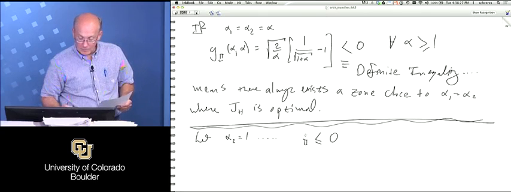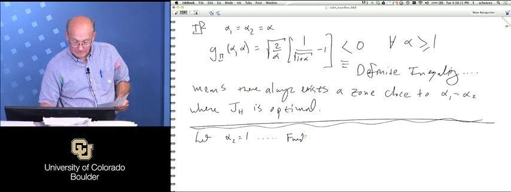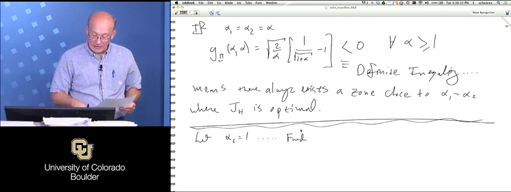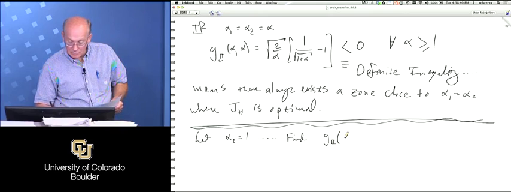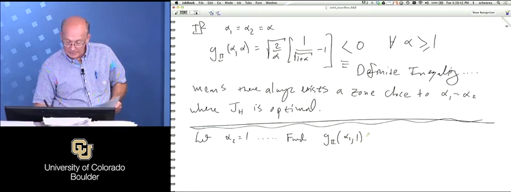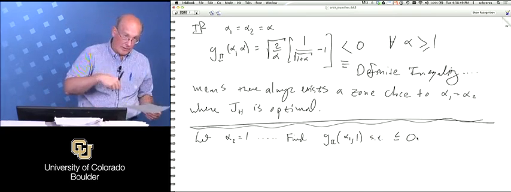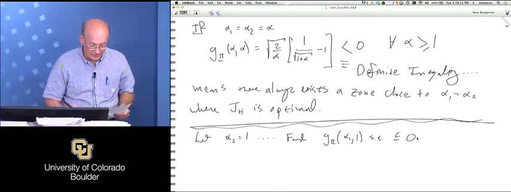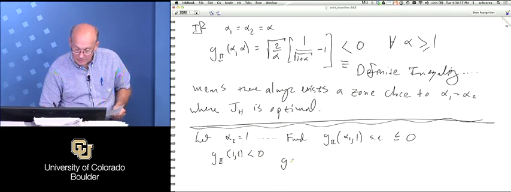I'm sorry. What we want to do is for alpha 2 equals 1, because this is the lowest value of alpha 2 that we could have, so it might be of interest. Find G2 of alpha 1 and 1 such that this guy is less than or equal to 0, because that'll then delineate where Hohmann is optimal over aero-assist.